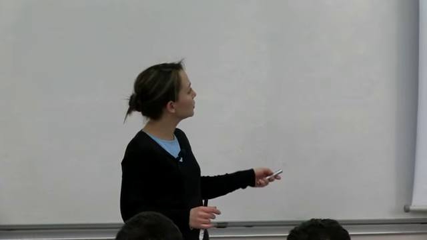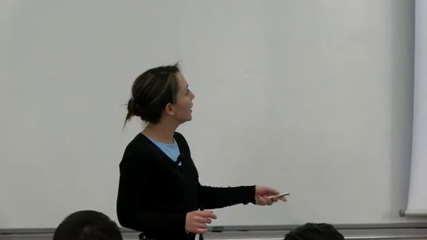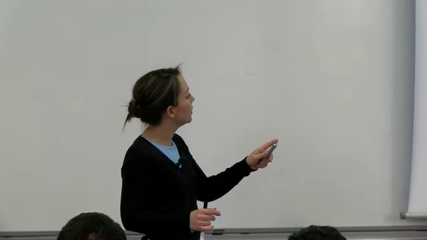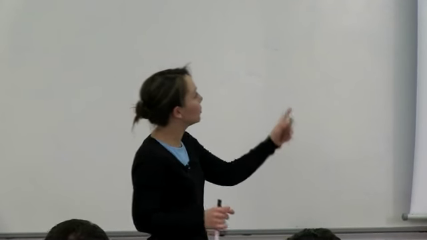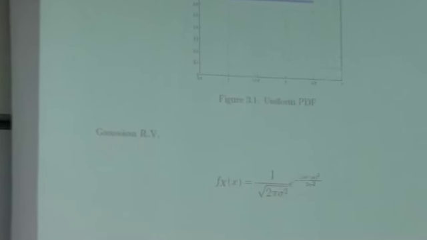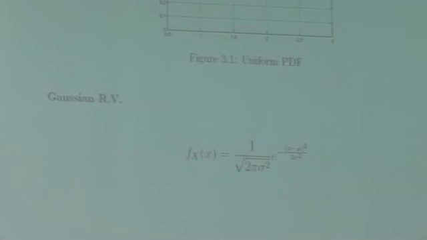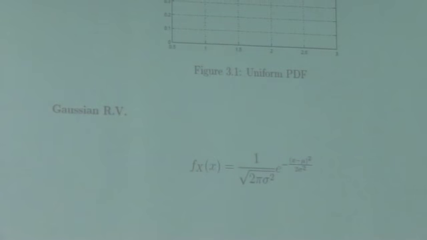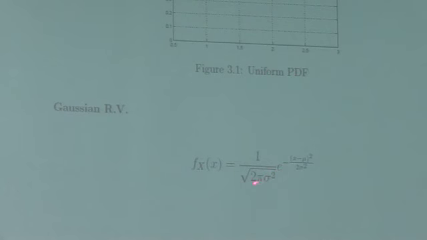The next one, I'm sorry, let me see if I skipped it. Oh, the next one was the Gaussian. The Gaussian PDF exists from negative infinity to positive infinity, and it's given by this function.